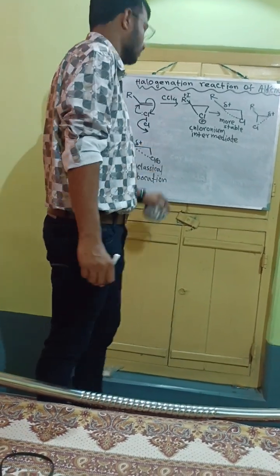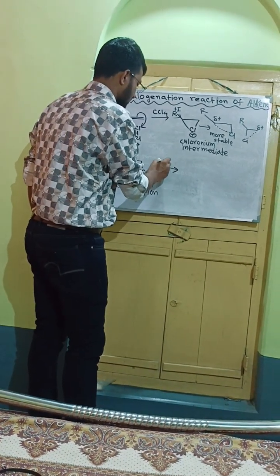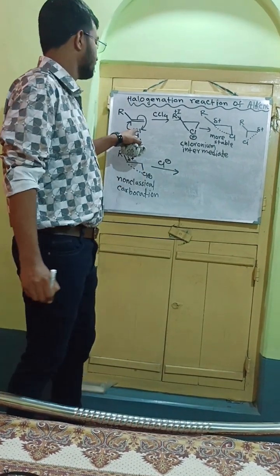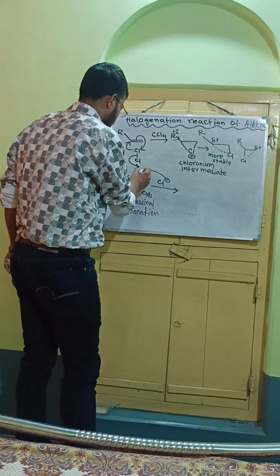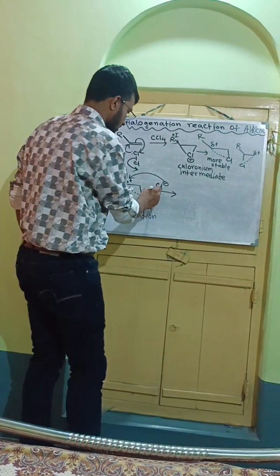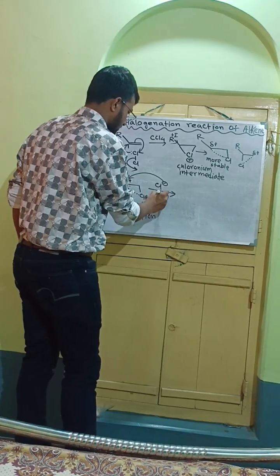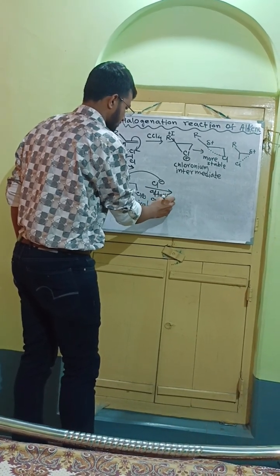As this is a non-classical carbocation, and another Cl minus is there which was removed from Cl2. Now attack on the more substituted carbon. Clear? Attack on the more substituted carbon.